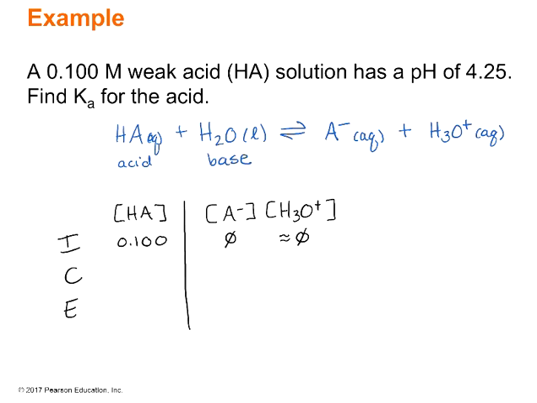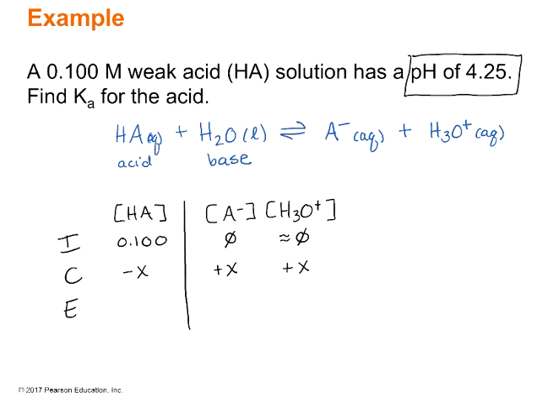Now, normally we would go through and similar to before, we would say, okay, the change for HA is minus X, the change for A is plus X, and then the change for the hydronium ions is plus X. But what's great is that we're told the pH of our solution.